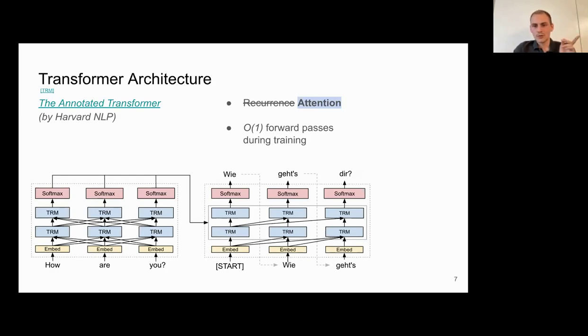It's also important to note that for generation, you still need O(n) forward passes during inference, but during training, you can train in O(1) forward passes. So this makes it really fast for training. On a high level, it's again the same structure. You have an encoder on the left-hand side and a decoder on the right-hand side. Maybe we can go through it quickly. It's the same setup here. We have inputs, and here are the outputs, like a sentence in the target language.